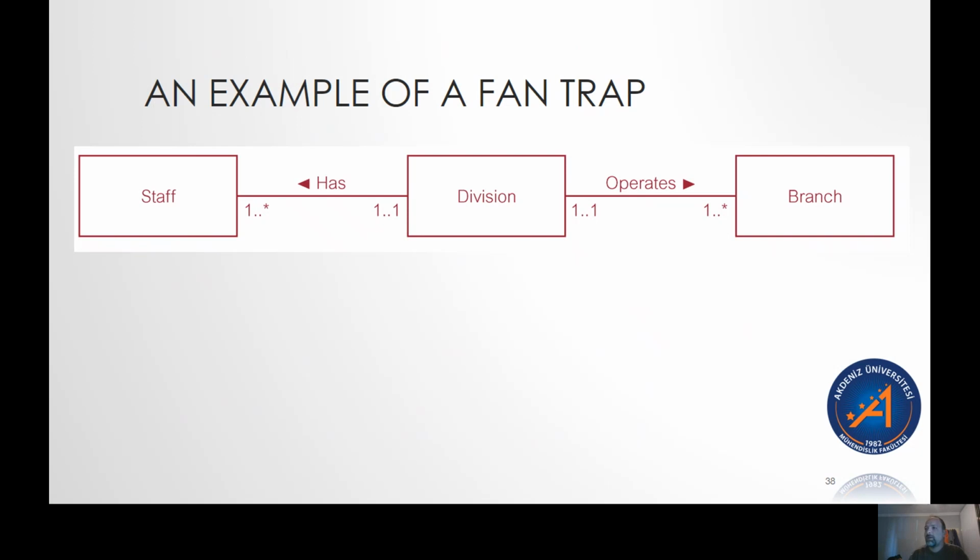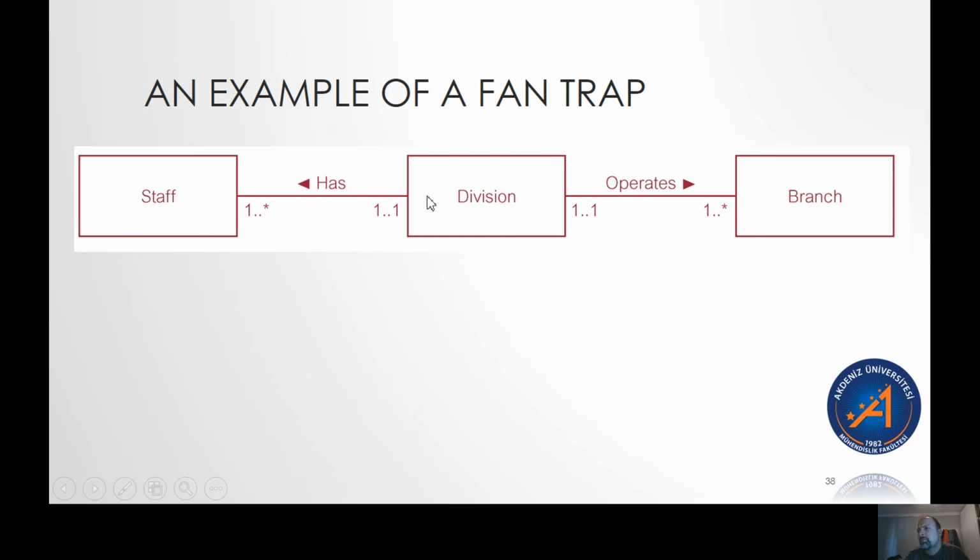Okay, so here, if we were to design our ER diagram like this, where we would say a division, think of this as a department, like at the university, has staff. So if we say a department has teachers, that'd be another way, right? This looks right. This looks normal, right? A one-to-many type relationship where a department has many teachers, right?